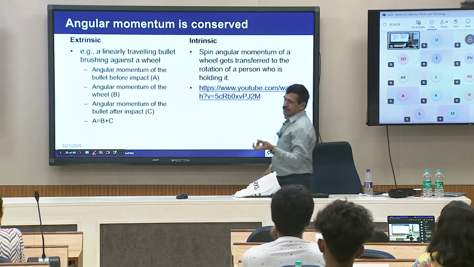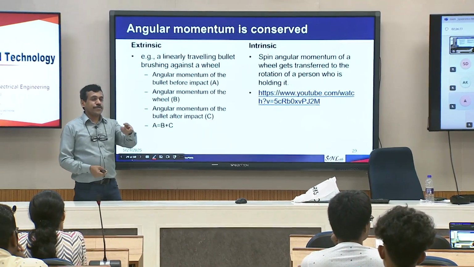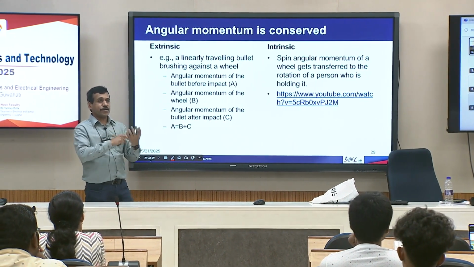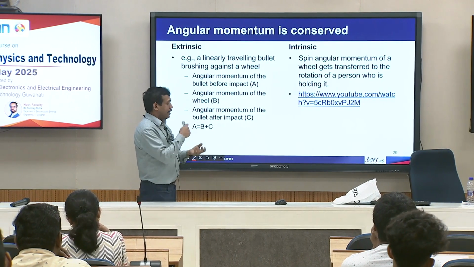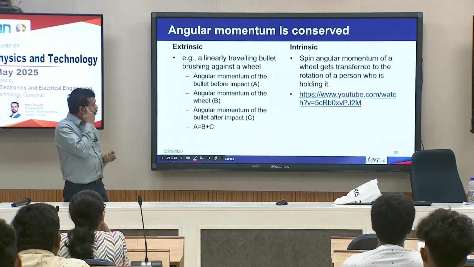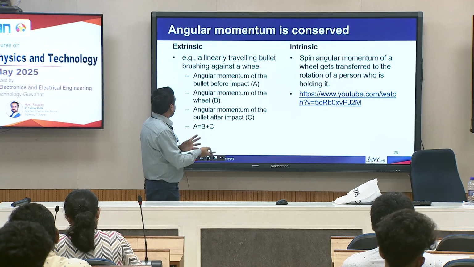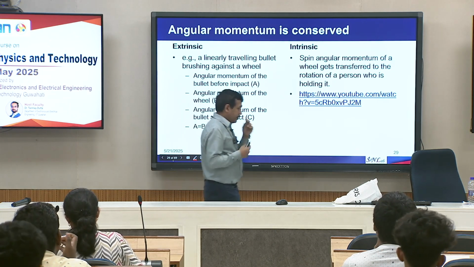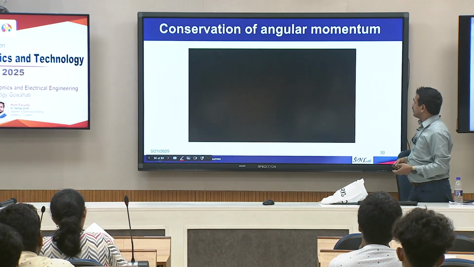That is because the fidget spinner has some angular momentum, and when you change the direction, you are changing the angular momentum. That means there is a torque, and that torque will act on your finger. You will see that as a kind of force. So angular momentum can be transferred. This is also something that you need to remember.